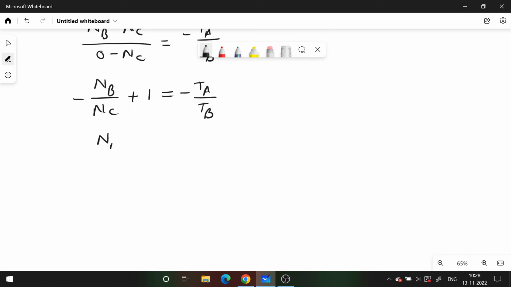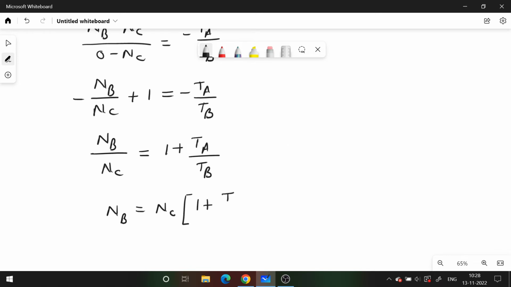So NB upon NC will be equal to 1 plus TA upon TB, or speed of gear B will be equal to the speed of arm C times the bracket 1 plus TA upon TB.